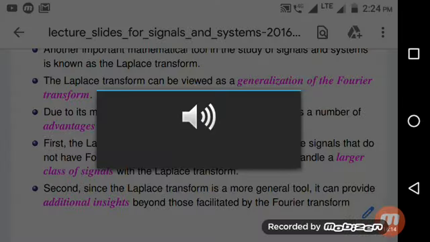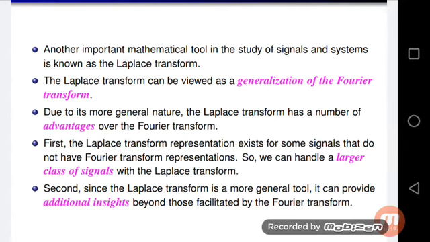The Laplace transform is a more general tool.